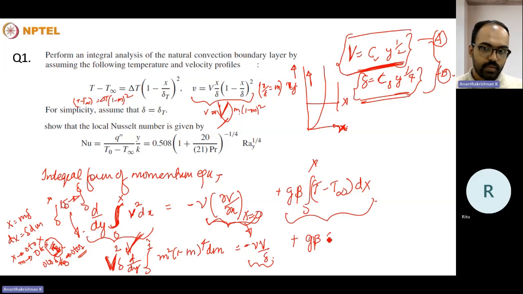So that will be g beta delta T, and dx can be written as delta into dm. So delta also comes outside as the limit changes from 0 to 1, and then (1 minus m) the whole square dm.